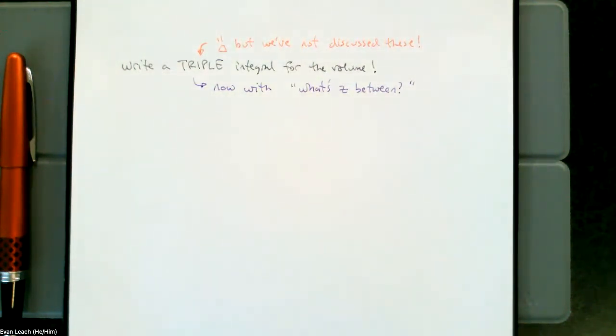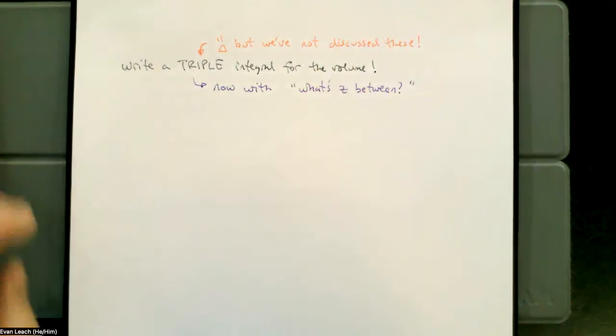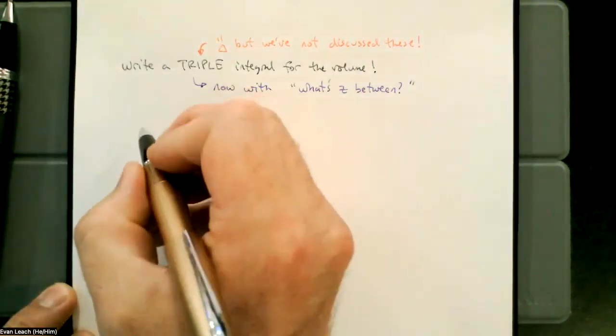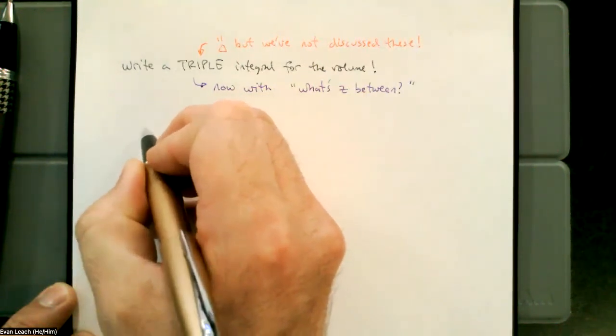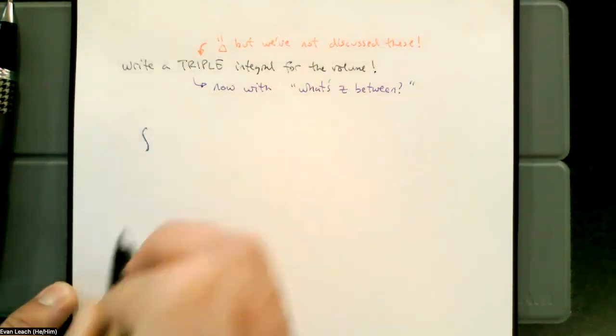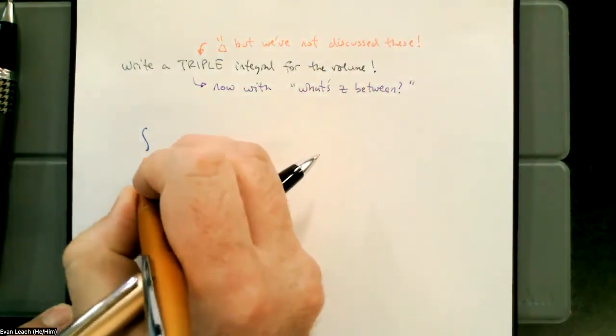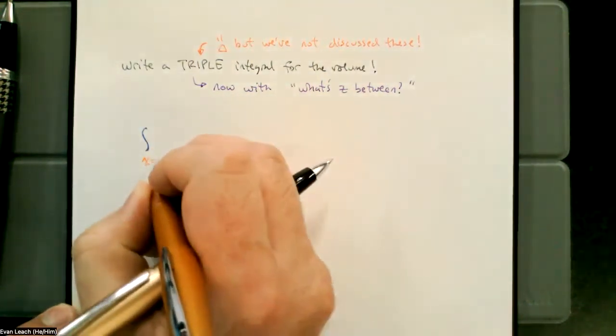So we're going to be describing the solid in the integral, and then just integrate the unitless function 1. X went between, let's say, -3 and 0.